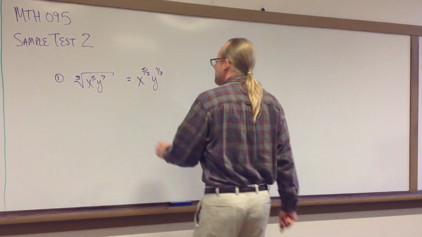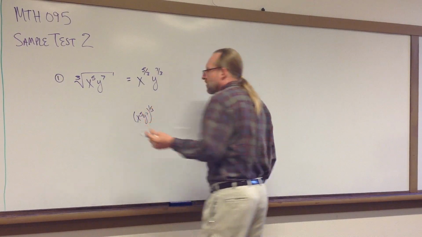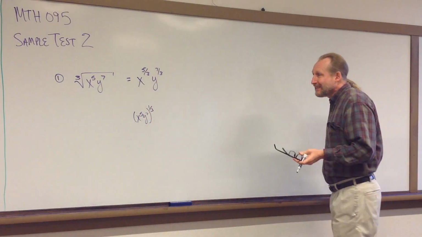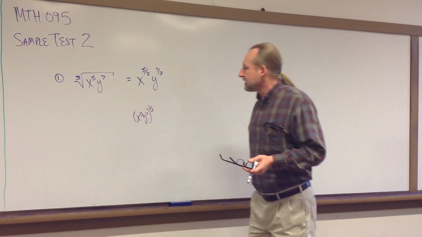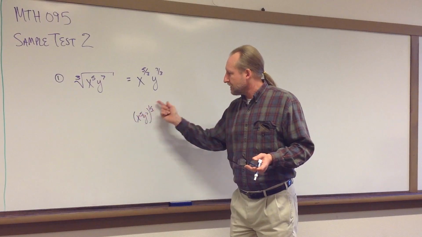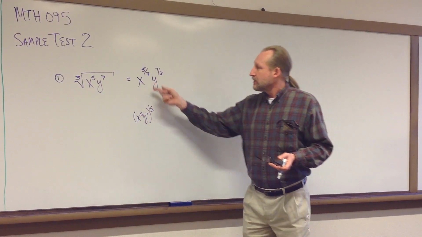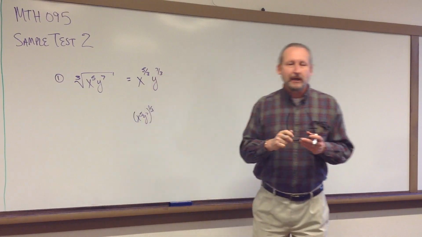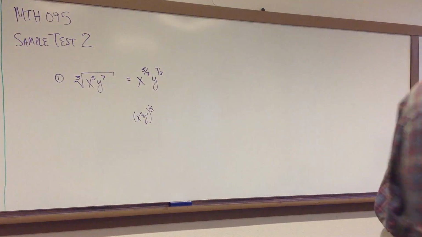You can say, x to the 5th, y to the 7th to the 1/3 power, but it hasn't really been simplified. You technically are rewriting this using exponents, but you've left it in an unsimplified form. You've got the parentheses, you've got these powers being raised to powers, whereas this is a much more simplified form. You just have each variable raised to a power. So this answer is much preferable to the other one.